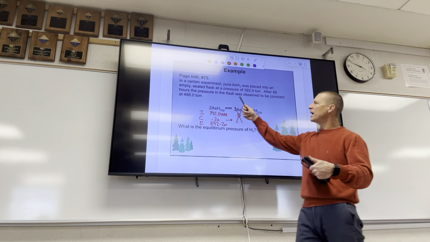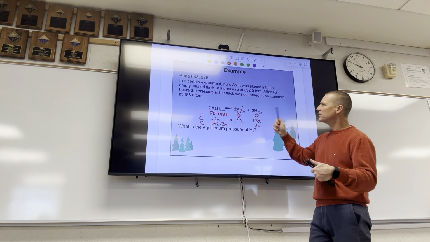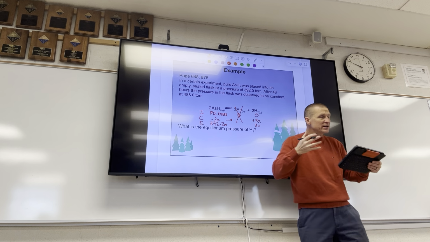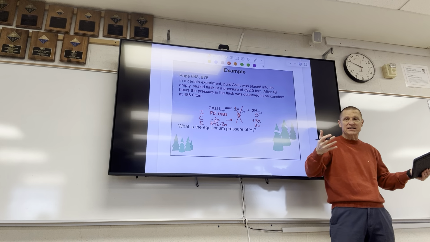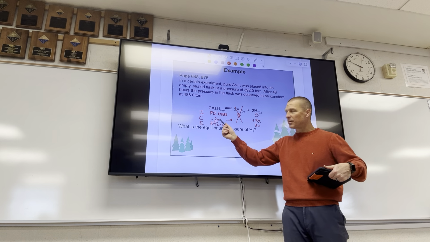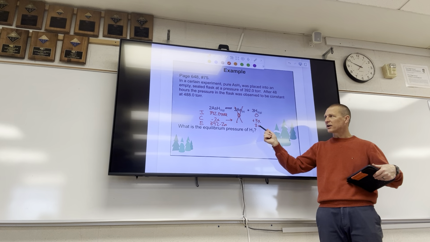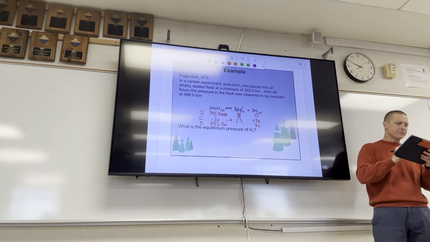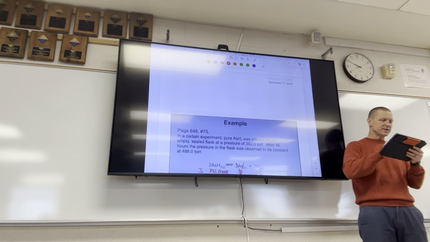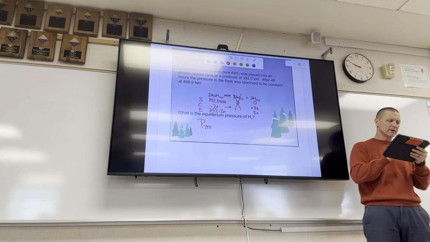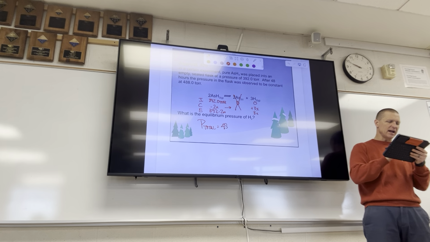It says, after 48 hours, the pressure in the flask was observed to be a constant 488 torr. Now, the pressure in the flask is exerted by all gases present. There is still some of the reactant present, and there's some of this product present. So the total pressure is 488.